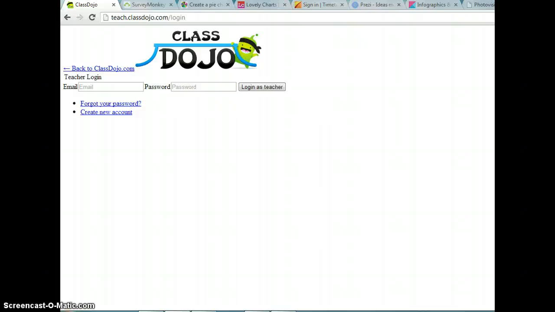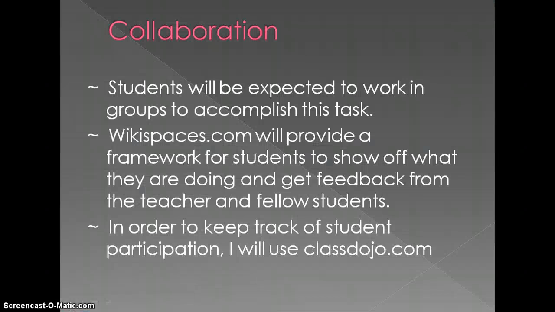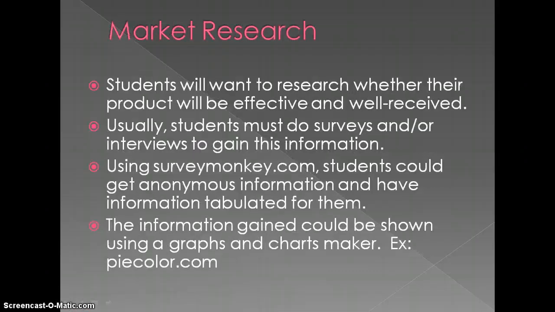So teach.classdojo.com will help me to record who's paying attention, who's actually really, really involved, and who's maybe not as involved. At the end, when I'm giving out final grades for participation, I can really look at it and say, oh, this person was participating or they were not. So those are my two things that will help me in the students' collaboration.